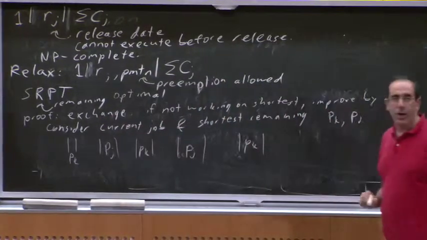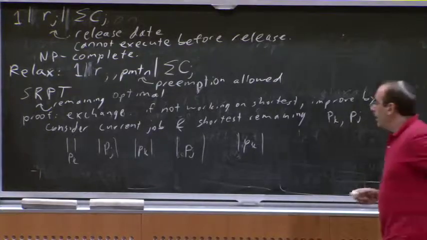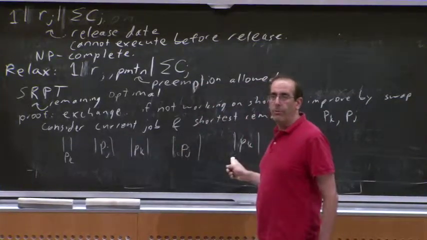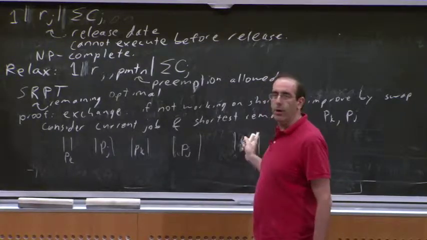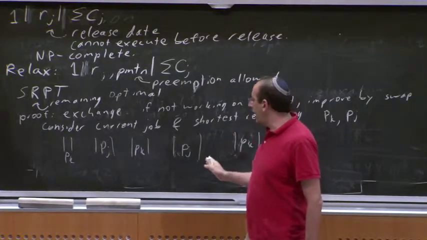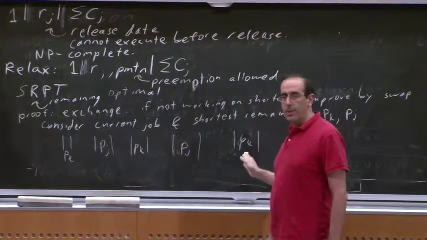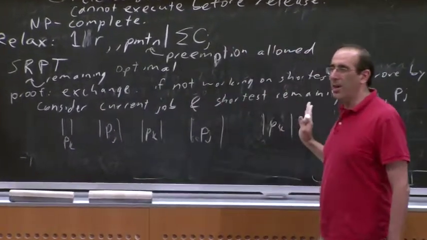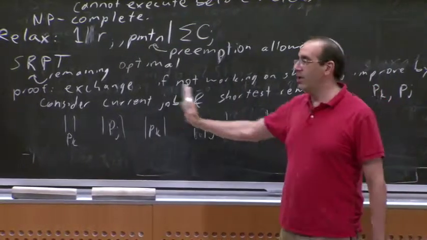So what sort of exchange argument do I make? Well, it's really silly for me to be kind of mingling work on these two jobs, right? Because that just makes both of them later, right? Obviously, if I just consider these two jobs, I should push all the work on one of them first and then do all the work on the other one, because that moves the first completion, right?